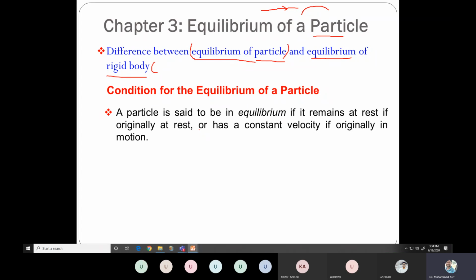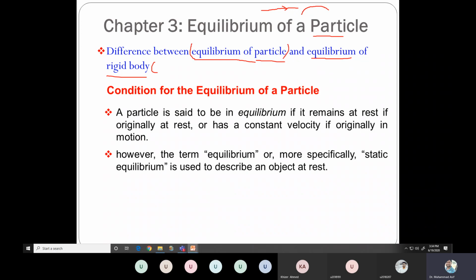Basically, the equilibrium condition is the same as Newton's first law: if there is a body at rest, it will remain at rest if there is no unbalanced force. Similarly, if a body is moving at a constant velocity, it will continue if there is no unbalanced force. Mathematically, no unbalanced force means the sum of all the forces acting on the body is equal to zero, right?